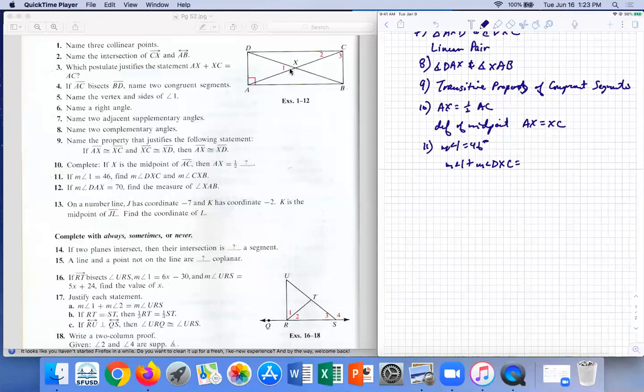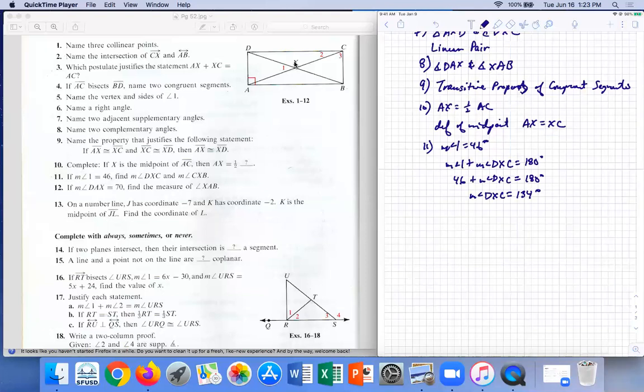It's a straight angle right here. They form a linear pair, so they are supplementary, meaning they add up to 180 degrees. So you would just find the supplement of 46 to find measure angle DXC. Right, you subtract 46 from both sides, measure angle DXC should be 134, right?